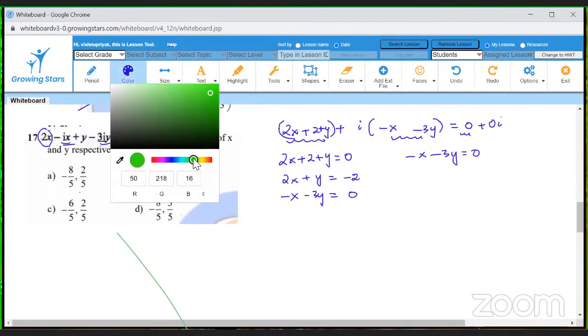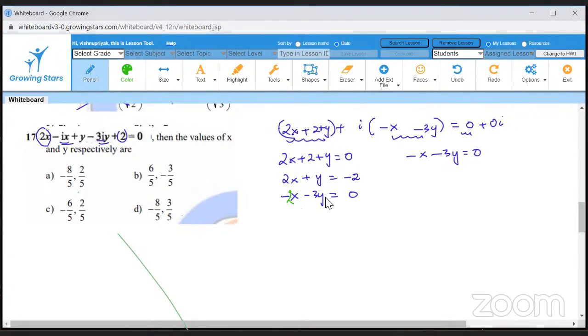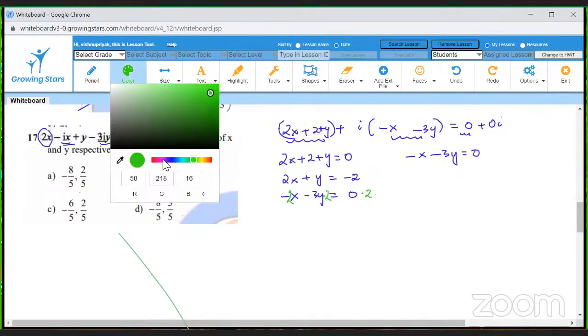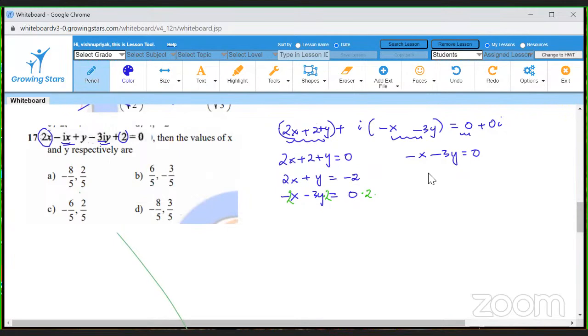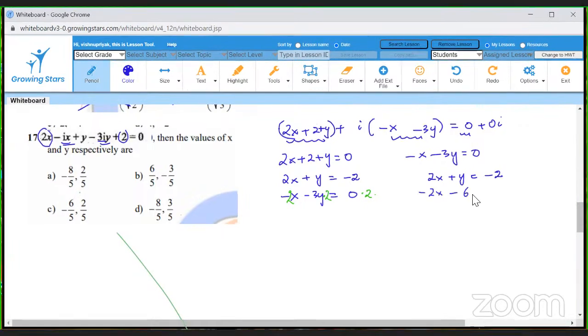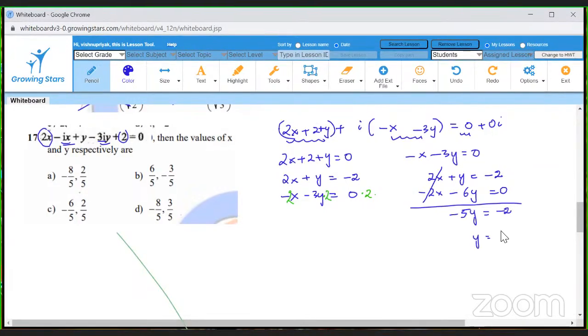If you want to solve it, multiply by 2 to solve the equations. 2x plus y is minus 2. Minus 2x minus 6y is 0. When you add, this will cancel. Minus 5y equal to minus 2. y is 2 by 5. Like this you can solve.